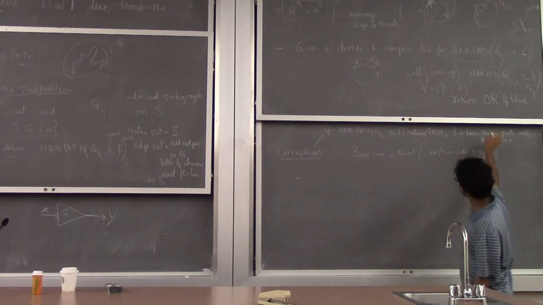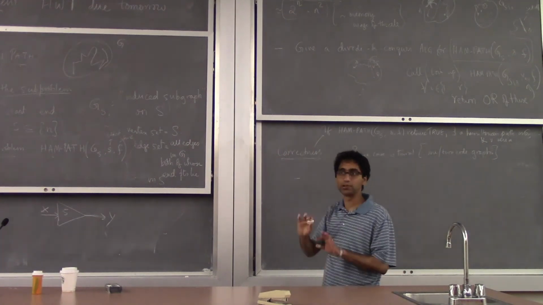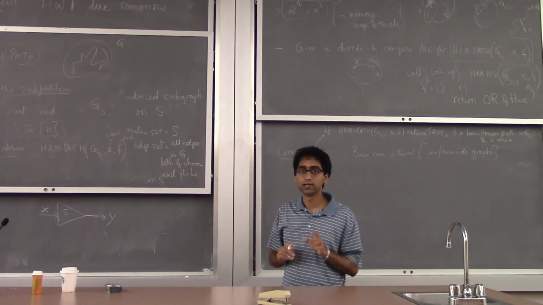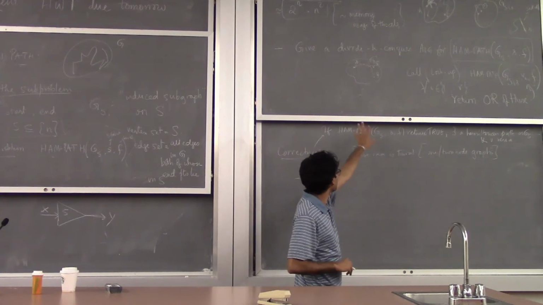And vice versa is just, if there is a Hamiltonian path, then the algorithm also returns true. This is the statement that we want to prove here.